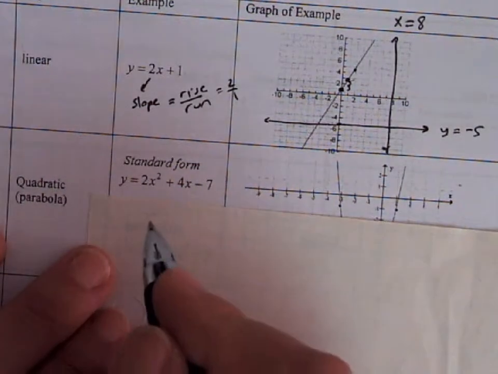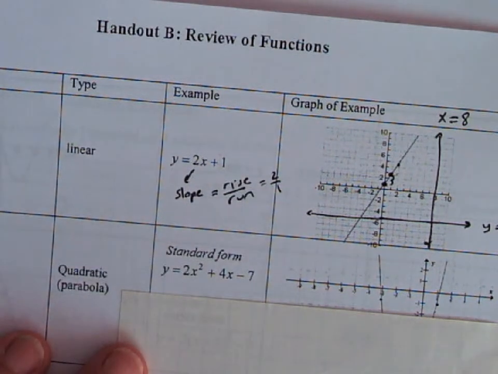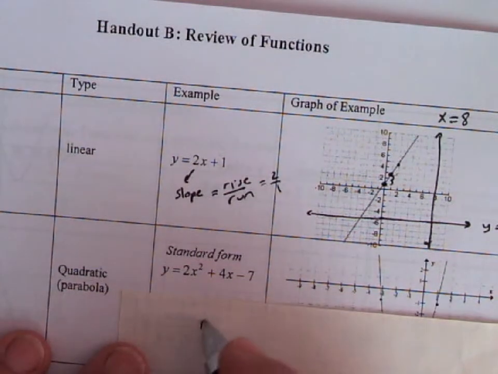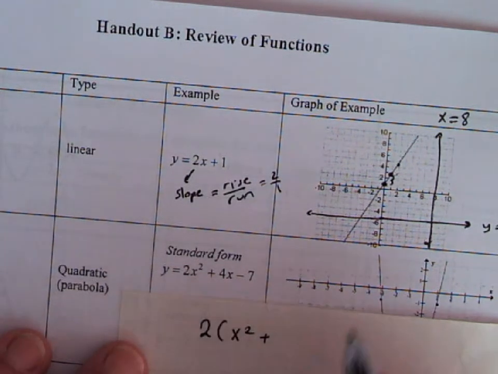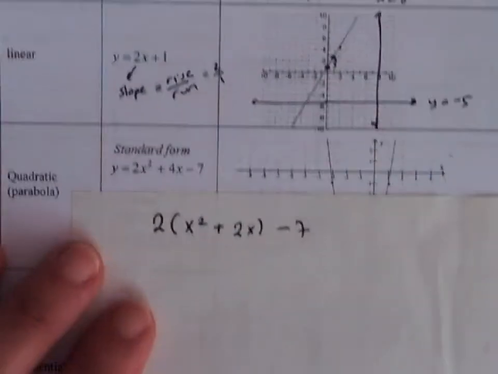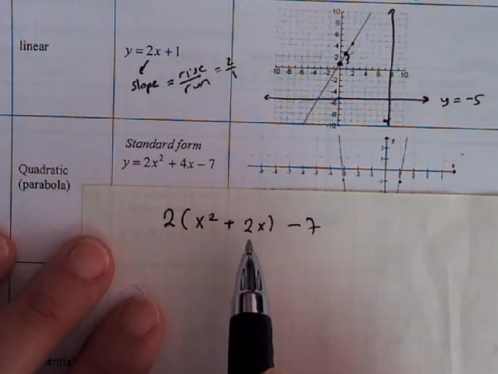This is what we do. We look at the leading coefficient. We factor it from the first two terms, not from the constant. So 2x squared plus 4x, factor 2 from that, gives you 2 times x squared plus 2x.